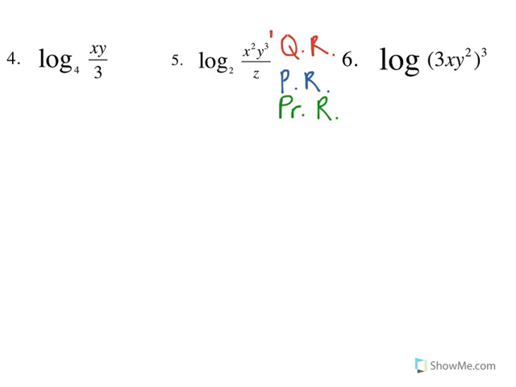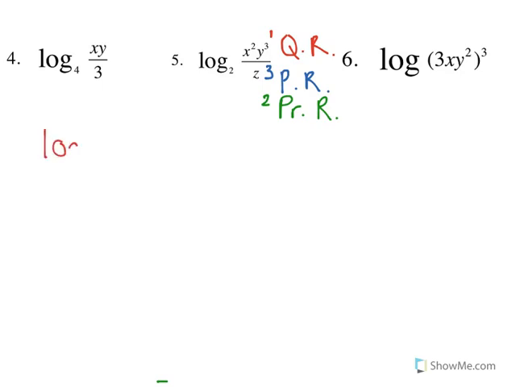Same thing with the 3. The 3 is not a power for the variable x and the variable y. So my suggestion, which is what you should be doing, is do the product rule second and then the power rule third.